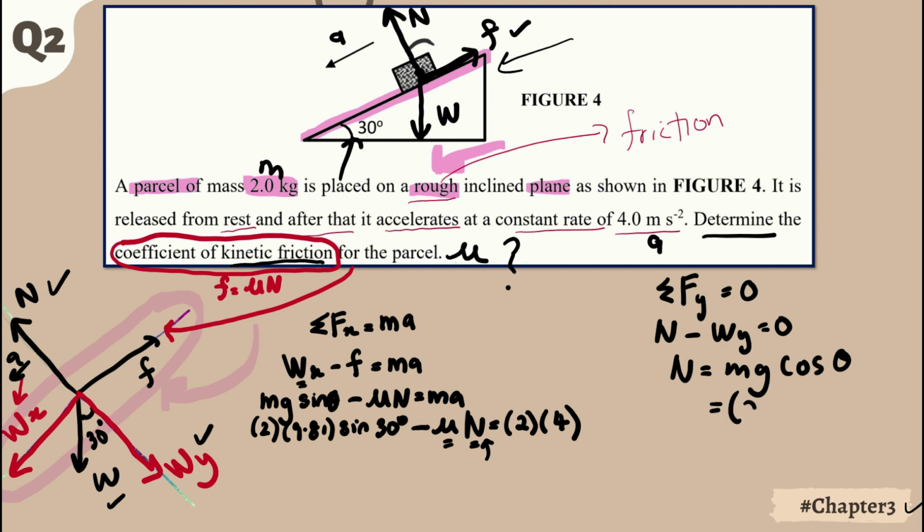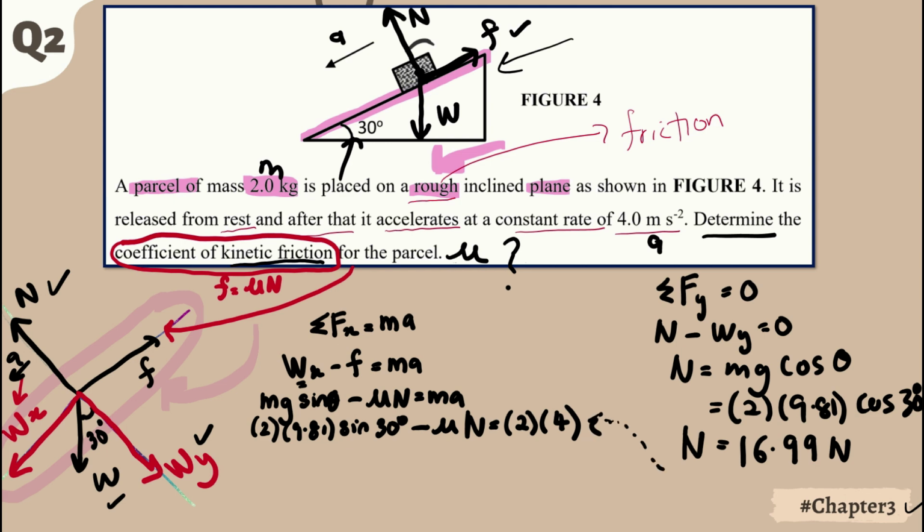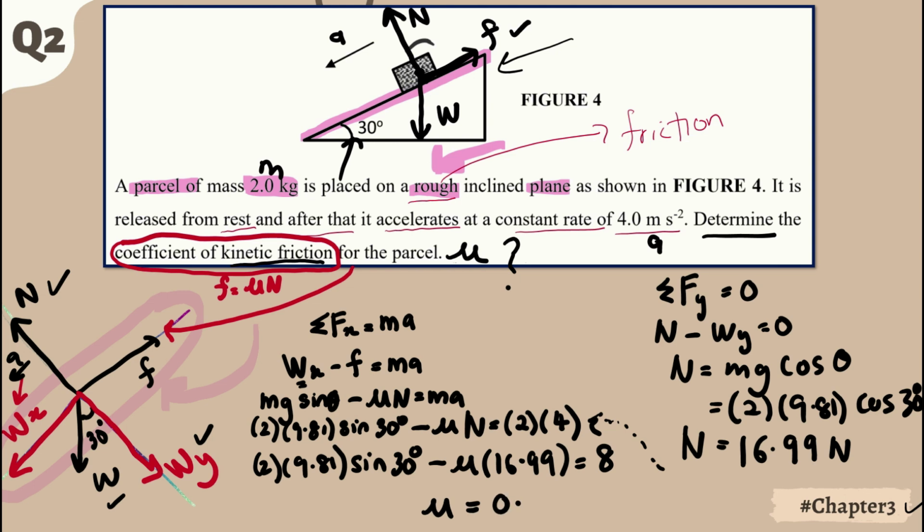Then we substitute the values, 9.81 cos 30, and we have our normal as 16.99 Newton. Now we substitute our value of normal in the first equation, and finally you are supposed to have your mu as 0.107.